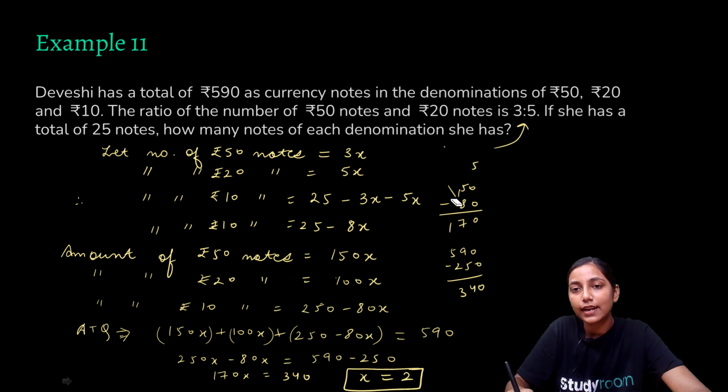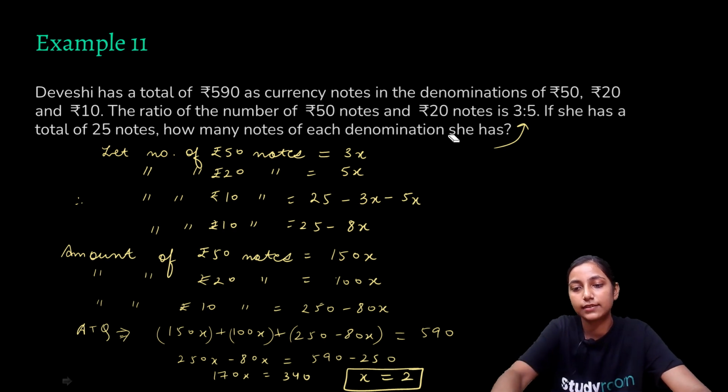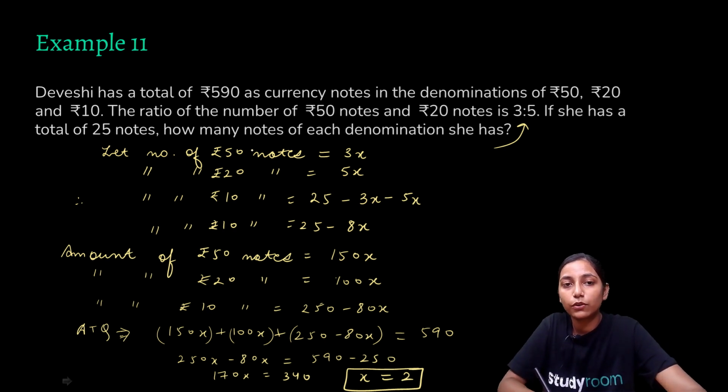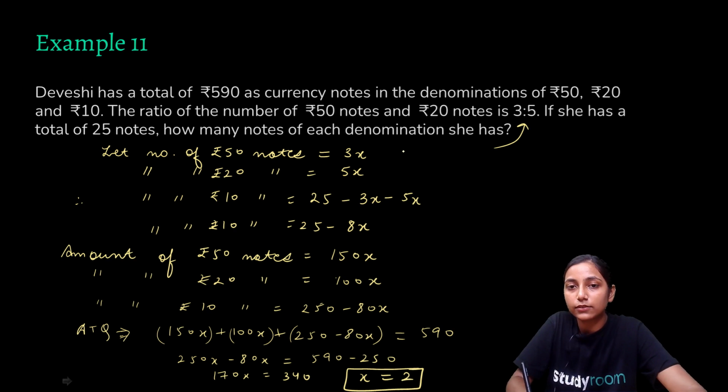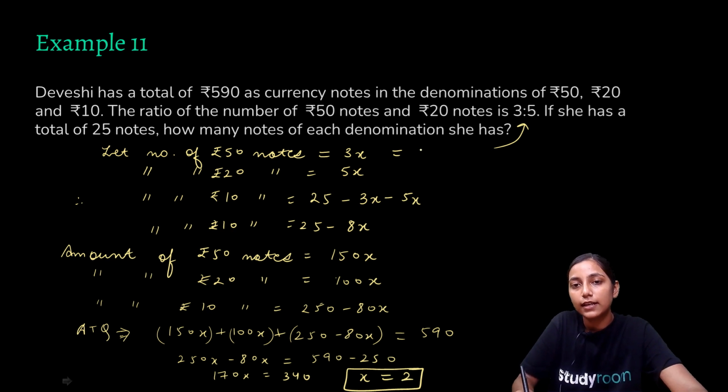The question asks us the number of notes of each denomination that she has. So we know that the number of 50 rupees notes is 3x. We have found the value of x, not the number of notes. It will be 3 into 2, so she has 6 notes of rupees 50.